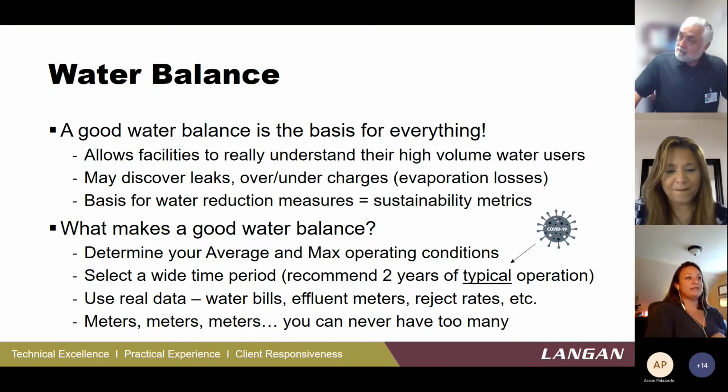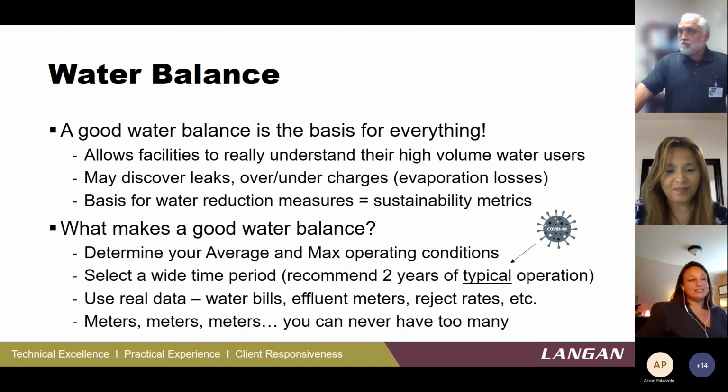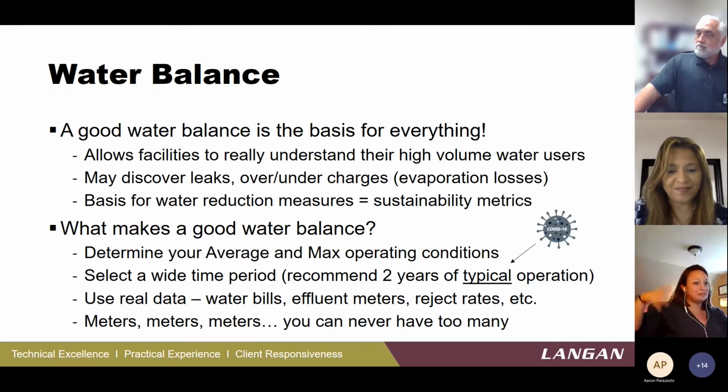Another case, we figured out that the facility and the POTW, ultimately the sewer department they were paying, had not accounted for significant evaporative losses, and they were paying to discharge water that was evaporating rather than being discharged.